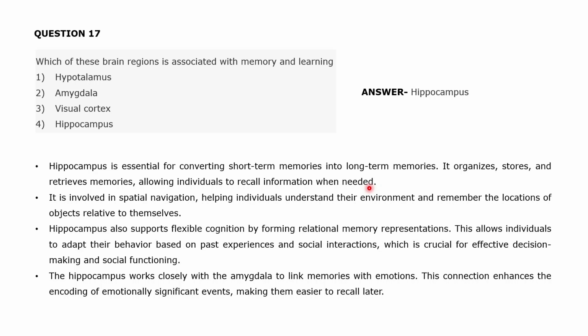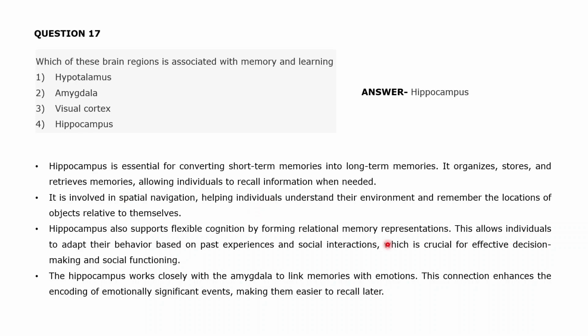So spatial navigation plays an important role, and this function is regulated by the hippocampus itself, because you need to remember the location where you have kept an object, or know the way to a place. This all comes within memory storage. The hippocampus helps to store this memory, and because of its memory recognition function, it also helps in spatial navigation and so on.